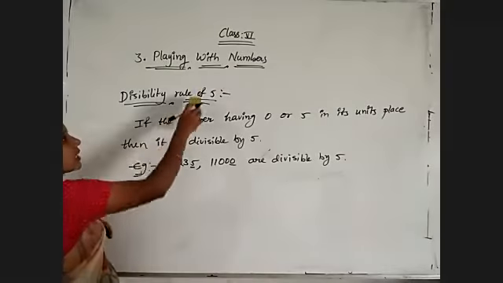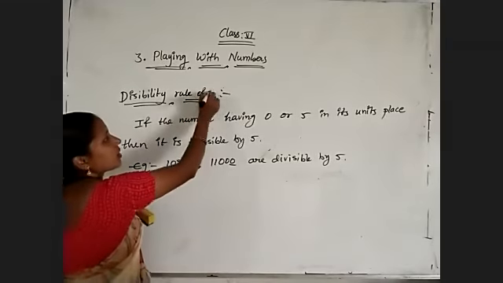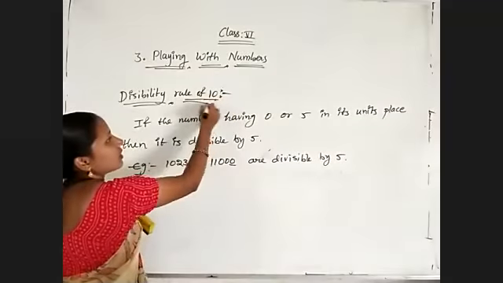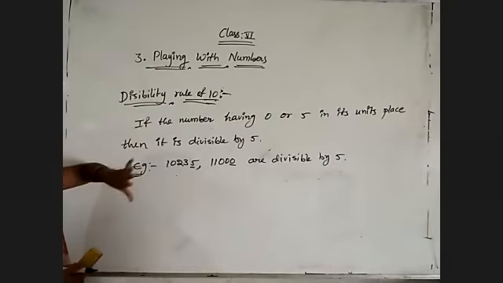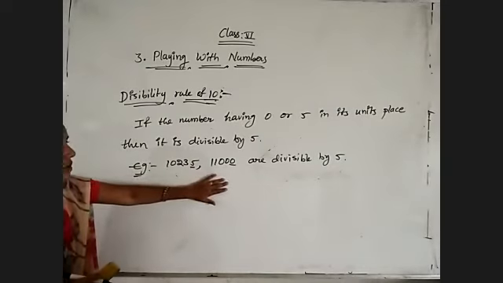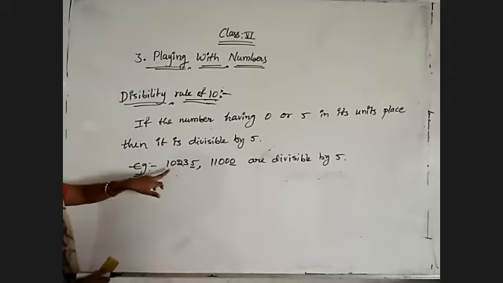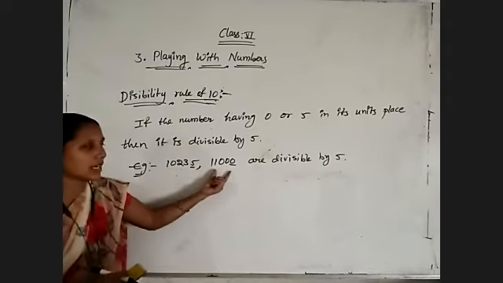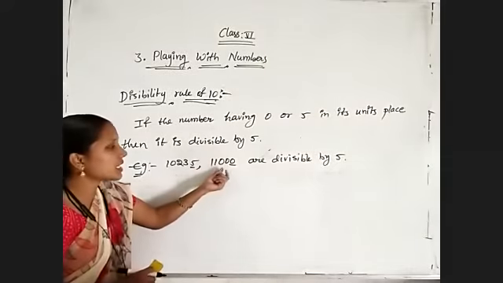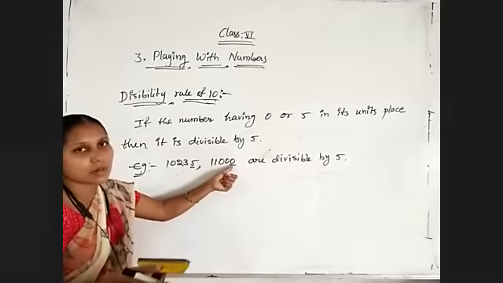Divisibility rule of 10. For 10, that number compulsorily must have 0 only in its units place. So here observe, in this number I have unit digit 5 and in this number I have 0. So the number which has 0 is the only one divisible by 10.